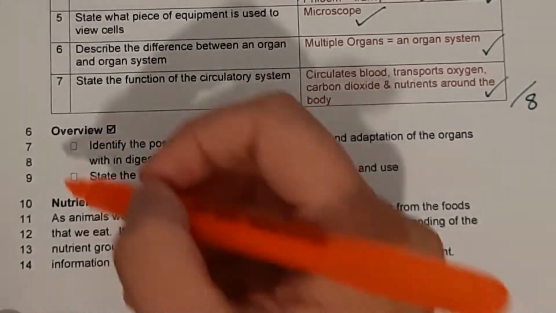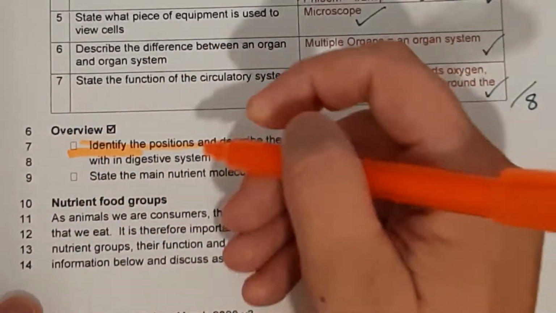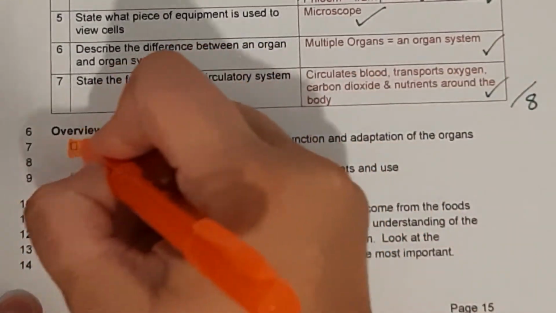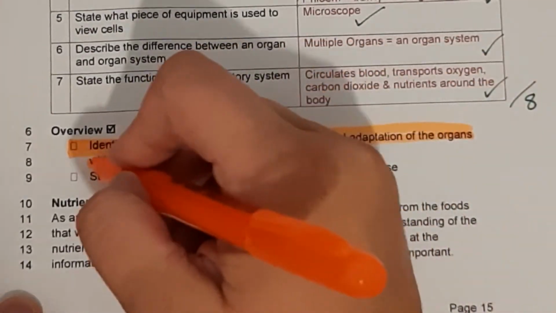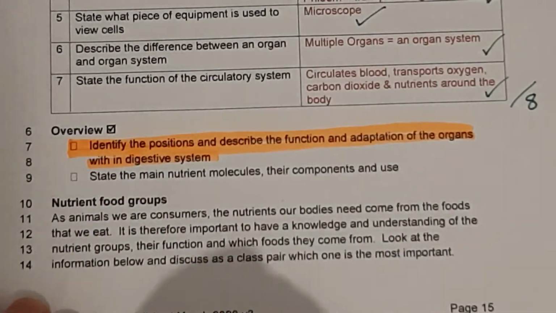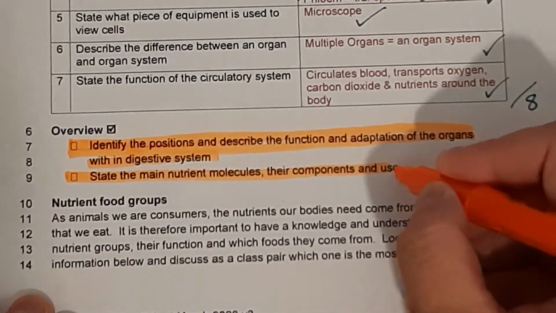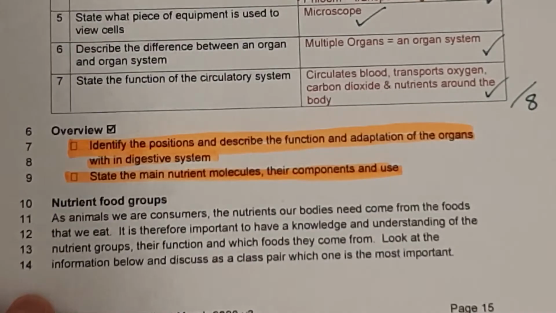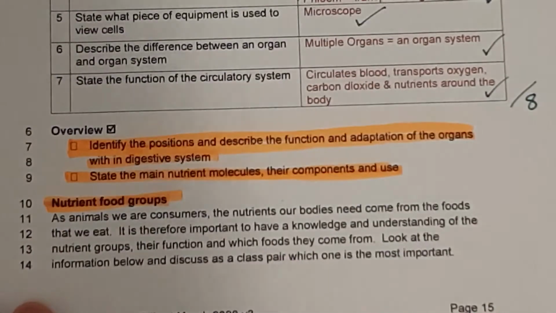So today we are going to identify the positions and describe the functions and adaptations of the organs within the digestive system. We're also going to state the main nutrient molecules, their components and uses. So let's discuss nutrient food groups. We are animals, humans count as animals.